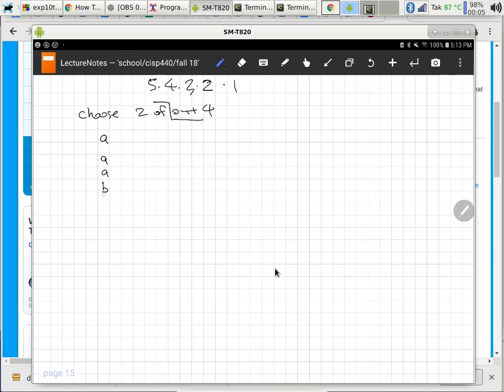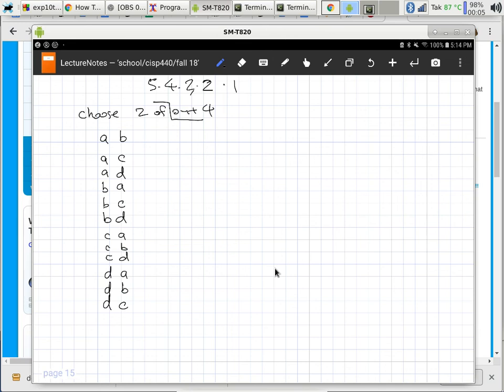We got B, C, and D. And then at the second level, we can have B, C, D, and then we have A, C, D, and then we have A, B, D, and then we have A, B, C. Okay, so do we agree that this is all the ways we can choose 2 out of 4 things? The 4 things being A, B, C, D.